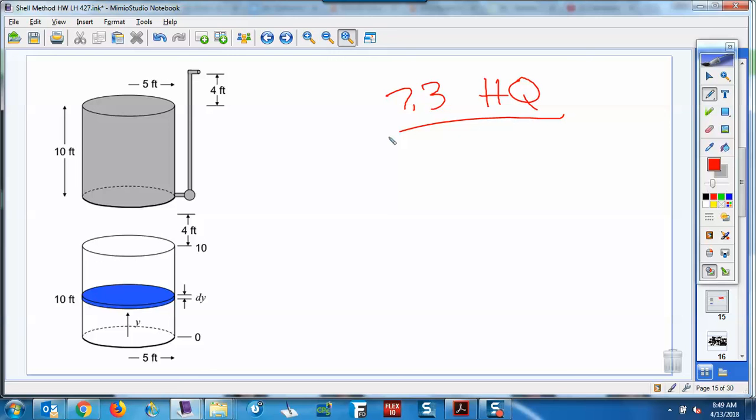All right, so 7.3, you got 5 problems using this concept of work. You got the spring, basically the spring and the rope and the bucket are the two that we're doing.